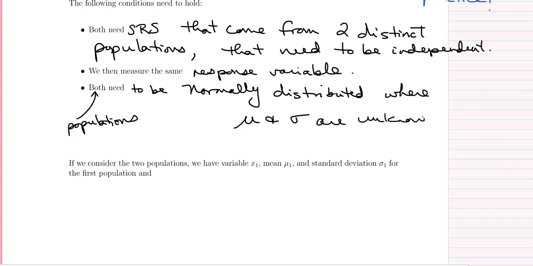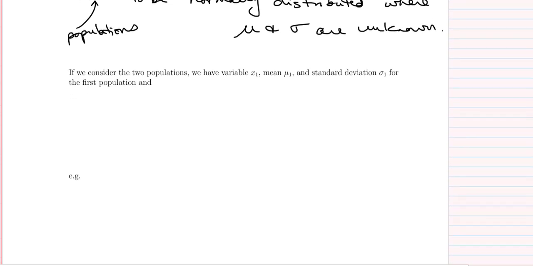This is referring back to the simple conditions. So we sort of have a simple condition for each population. It needs to be an SRS, normal distribution, mu and sigma are unknown, but moreover we need the populations to be independent from one another, and we need to be looking at the same variable for both.